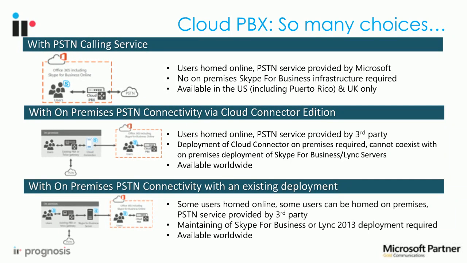So you have these choices available, depending upon completely Cloud PSTN calling services, or if you have existing Skype for Business deployment, then do hybrid. If you don't, then use Cloud Connector Edition. So there are choices available, and you can use one of these.